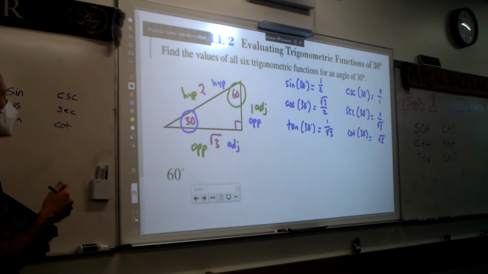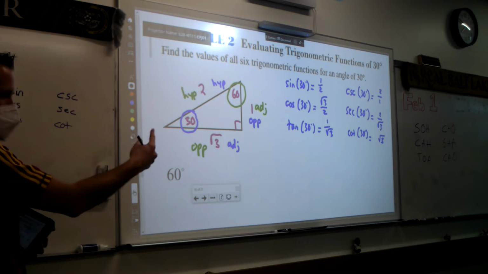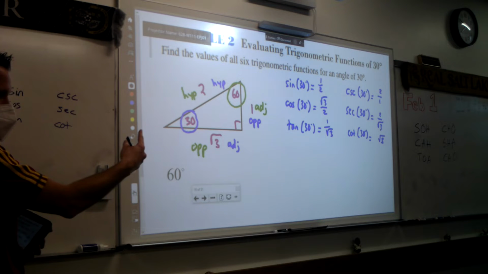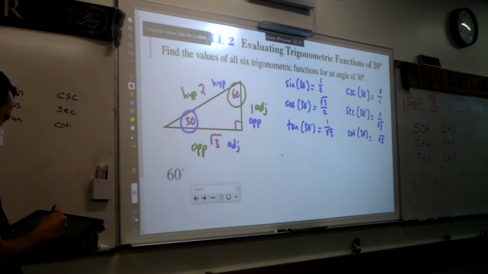So what do we expect to happen with all of our trig ratios if we go from the other angle? Let's see. We're going to go through and do the same thing now, but now we're looking at 60 degrees. So let's take just a second longer here and do SOHCAHTOA, CHOSHAKOW.